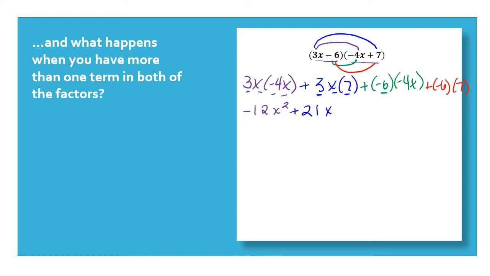I've got negative 6 times negative 4. That's positive 24, and then I have an x. And then I have negative 6 times positive 7. That's going to be plus a negative 42.